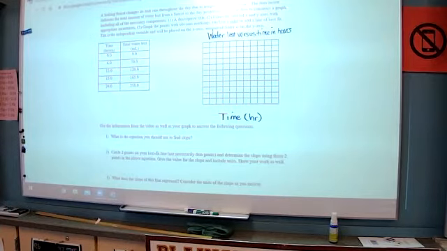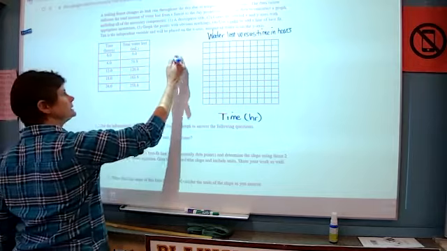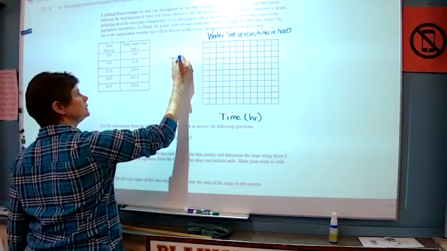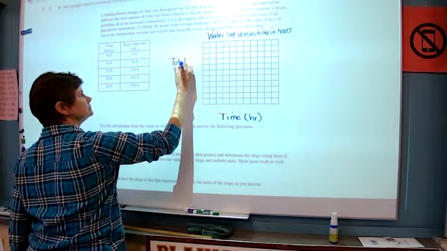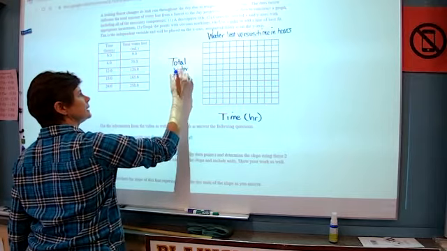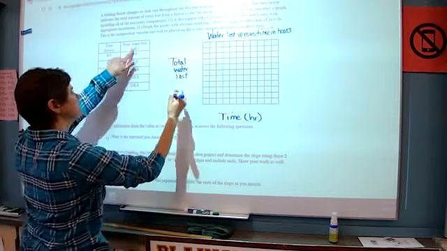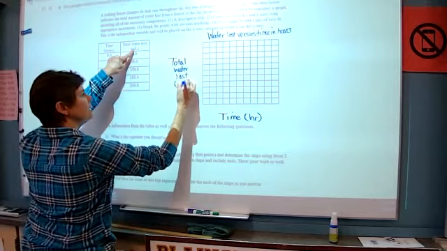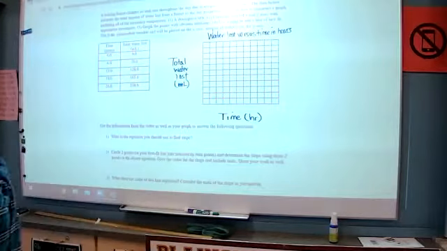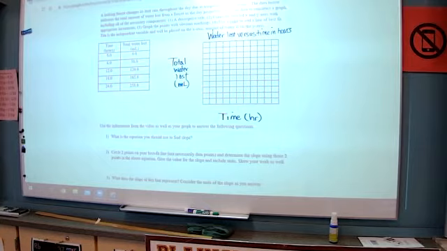The y-axis is water lost, total water lost. And the units, which are written here, are in mL. So we put our units into parentheses to show what is being measured there.